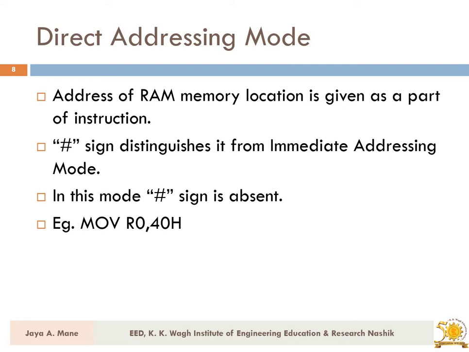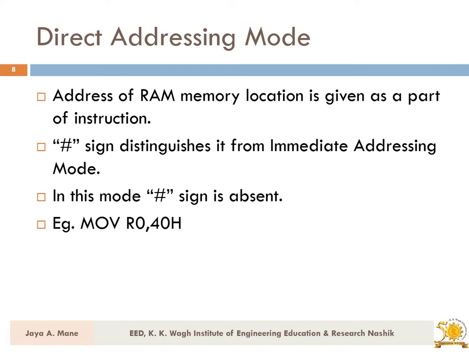The example is given over here. You can see that we have used MOV R0, 40H. Here there is no hash. So it indicates that this 40H is not the number, it is the address of that location. So what are we actually moving? Are we moving 40 into R0? No, we are moving the number that is stored at 40H into R0. Suppose at 40H the number stored is 10H.